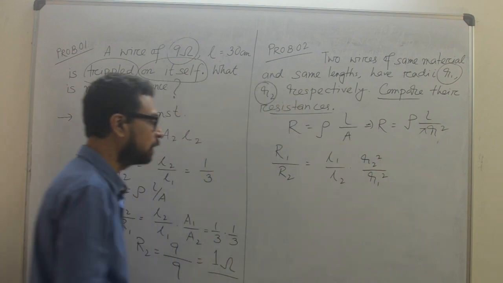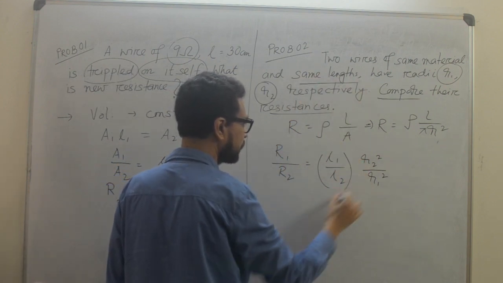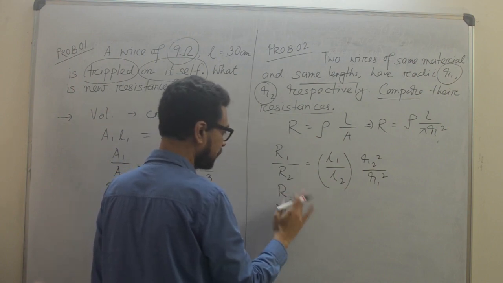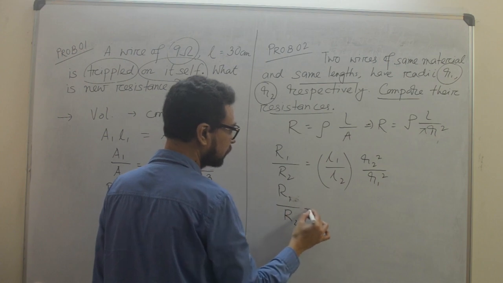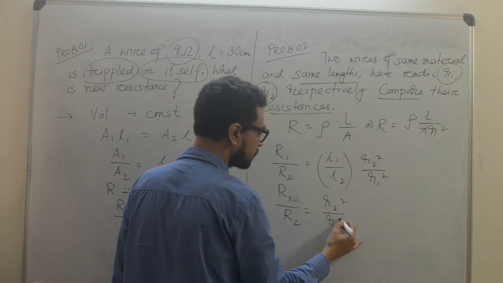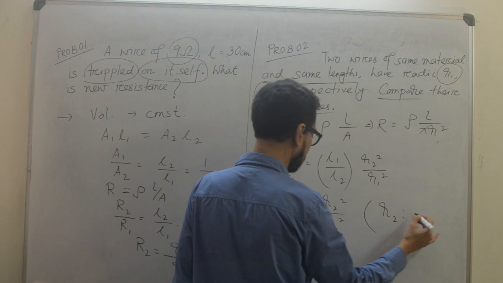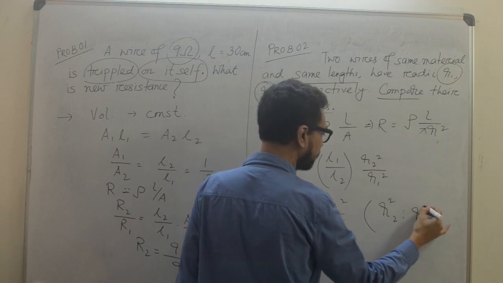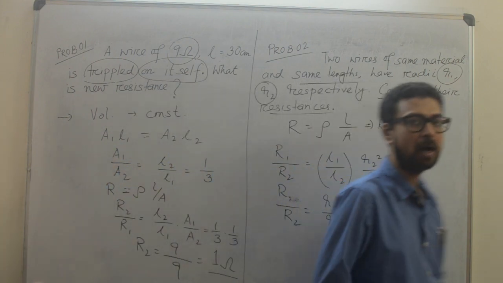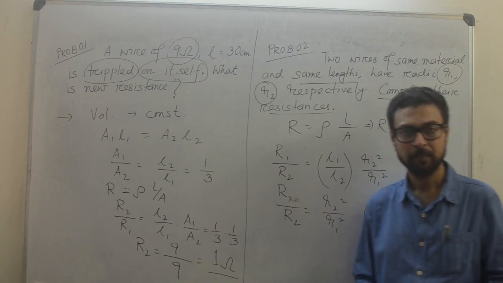Pi will get cancelled. L1, L2 are the same length, so this ratio is 1. So R1 by R2 is finally r2 square by r1 square. So the final answer is R1 is to R2 equals r2 square is to r1 square, where r1 and r2 are the radii of those wires.